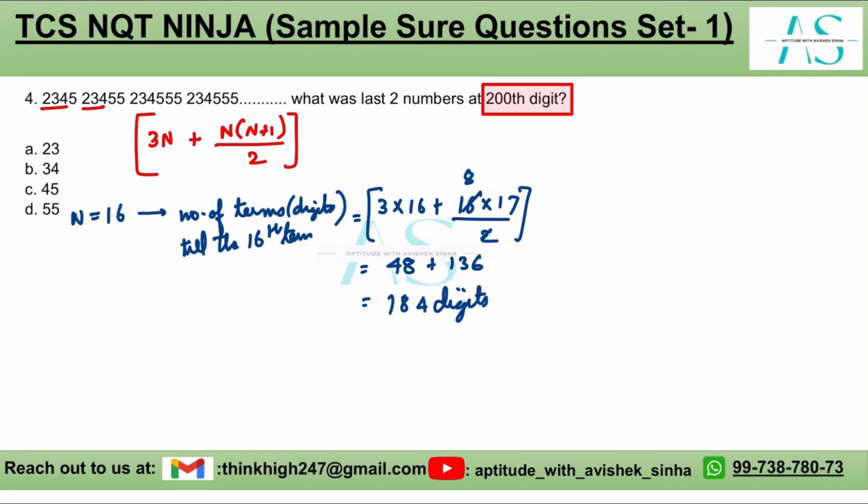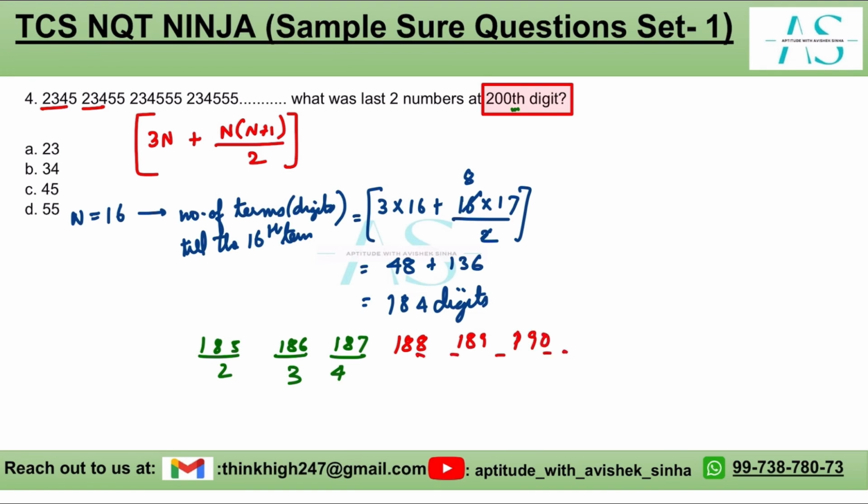Now, next we need to go to 200. So we would be starting from the 185th, 186th and 187th digit. That would be 2, 3, 4 respectively. From the 188th term onwards, 189, 190, it will go up to how many?